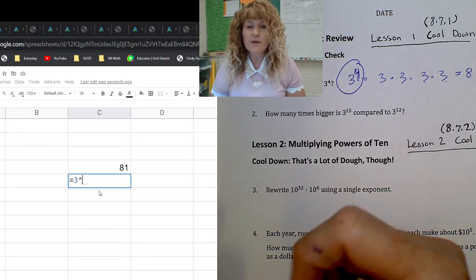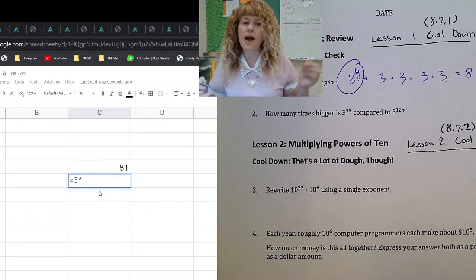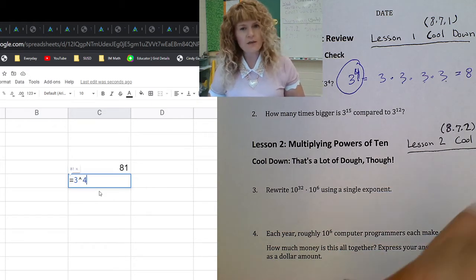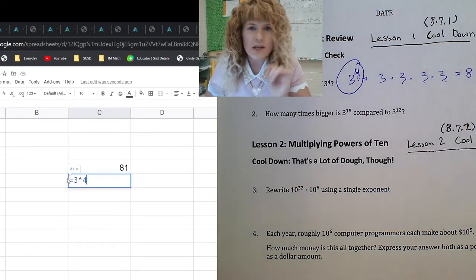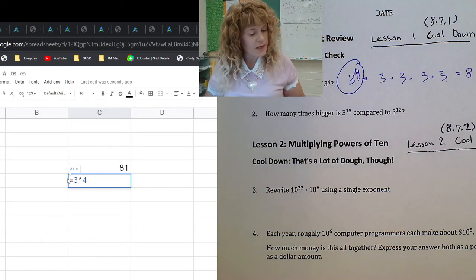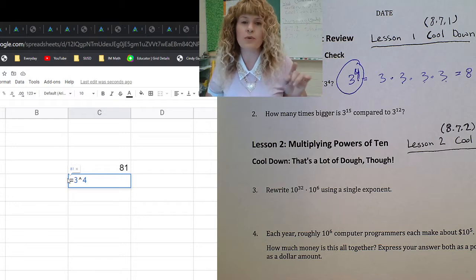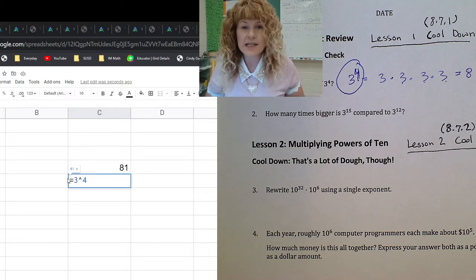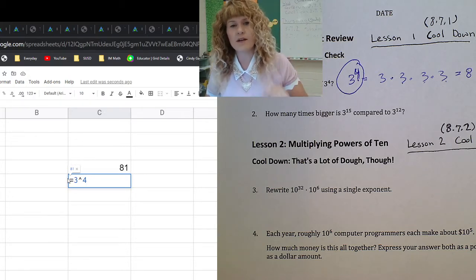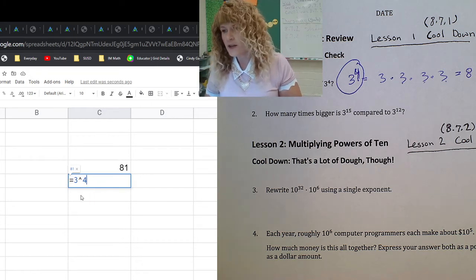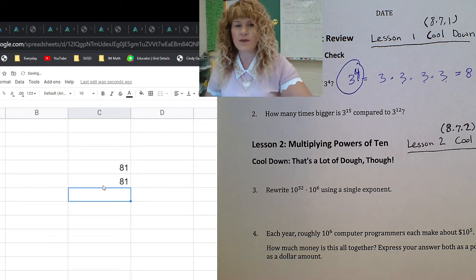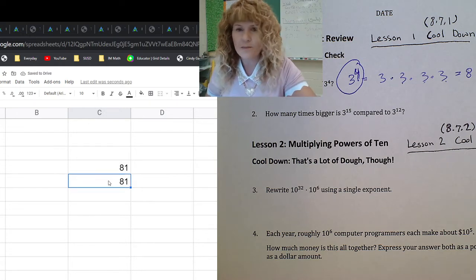This little caret symbol means to the power of, 3 to the power of 4. On your keyboard, it's number 6. So you'll push Shift 6 to get the caret symbol. And that means to the power of. Then you hit enter and it calculates for you. You see, I got the same number.